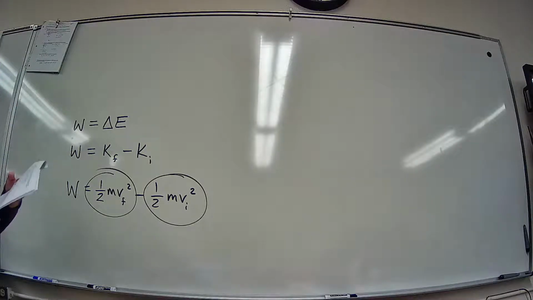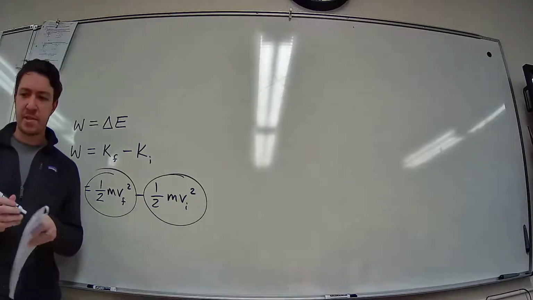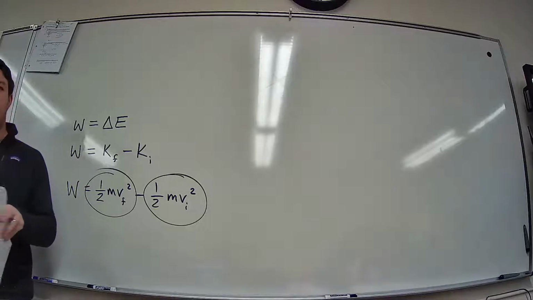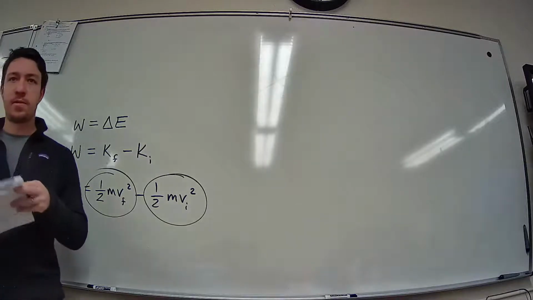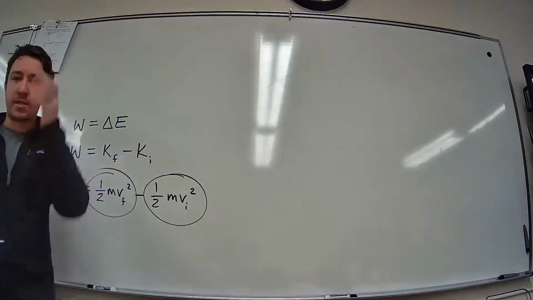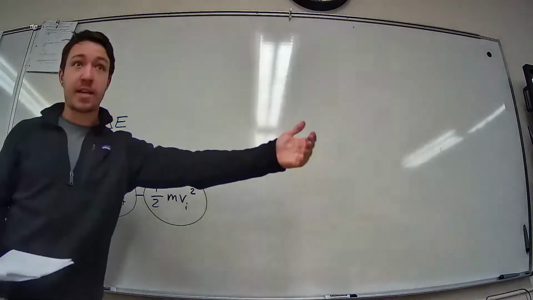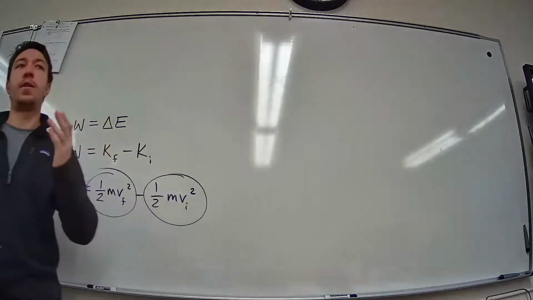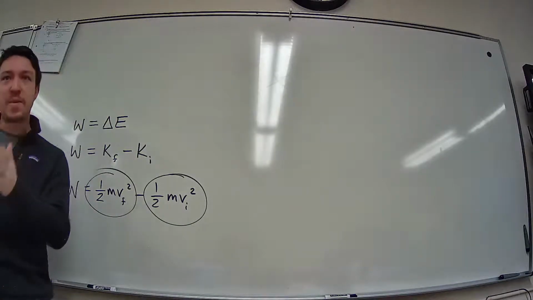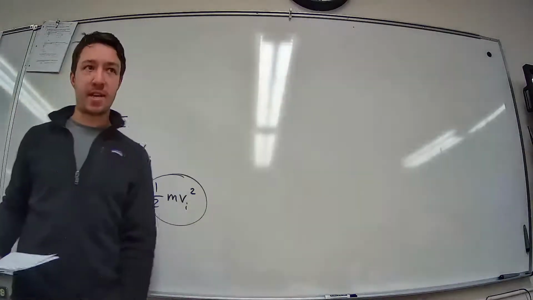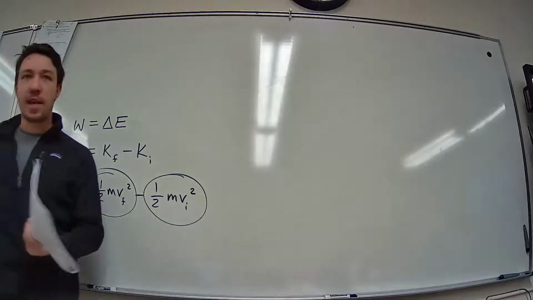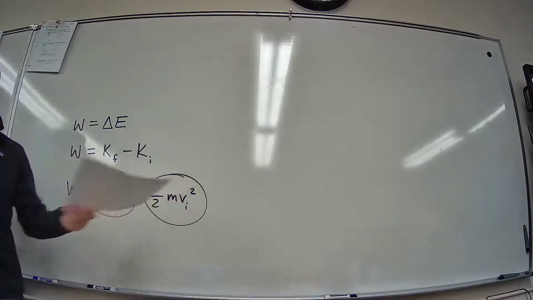And what you're going to find here is that it's actually a very intuitive answer. What do you guys think is harder? To go from, say you're running, from 0 meters per second to 3 meters per second, or to go from 7 meters per second to 10 meters per second? 7 to 10. The math will bear that out as well.